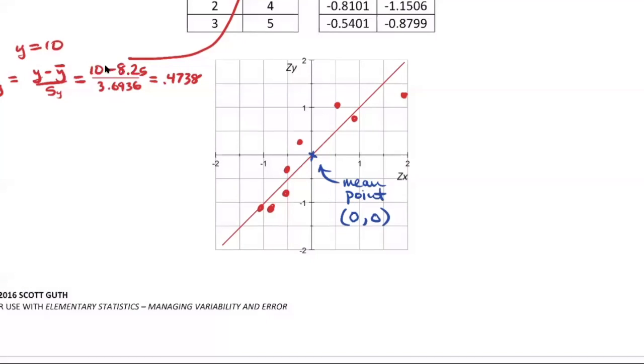All we're saying really is that this line of best fit has to go through the center of the data, which is the mean point. But the mean point has to be 0, 0. So this line has to have a y-intercept of 0.